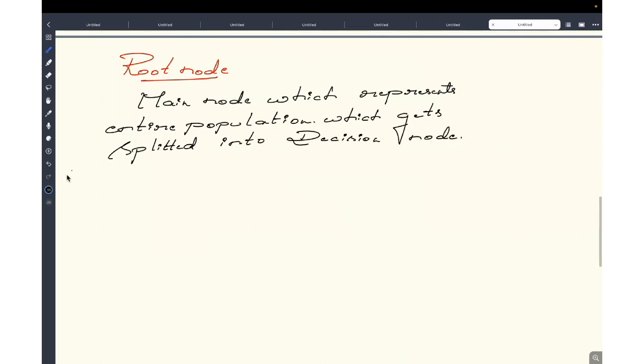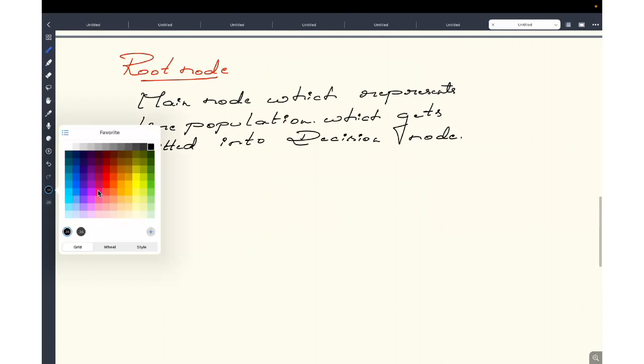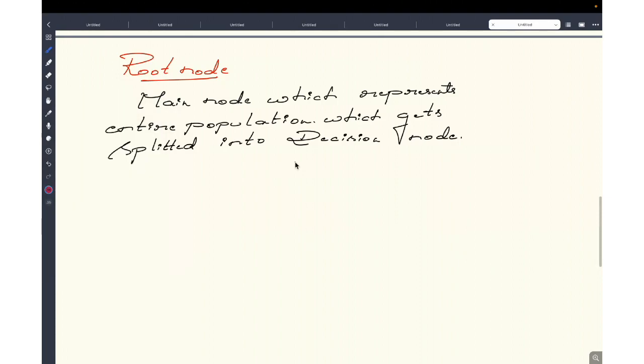Okay, so when it comes to a root node, let's say you have different input columns, and one target. So basically what you have to do is decide one root node: the one important column which represents the entire population or your entire data set. We call it a root node.